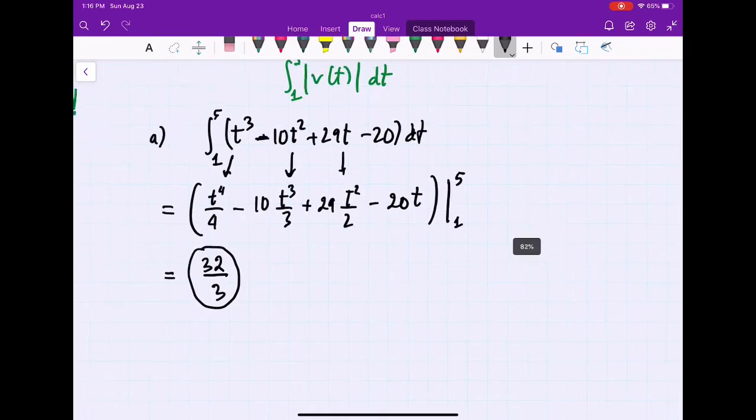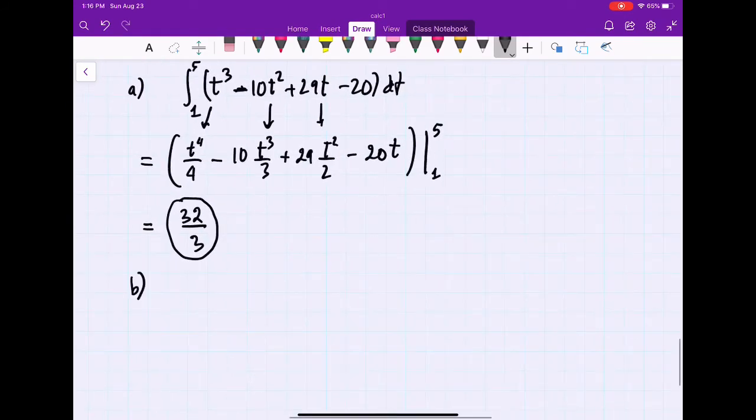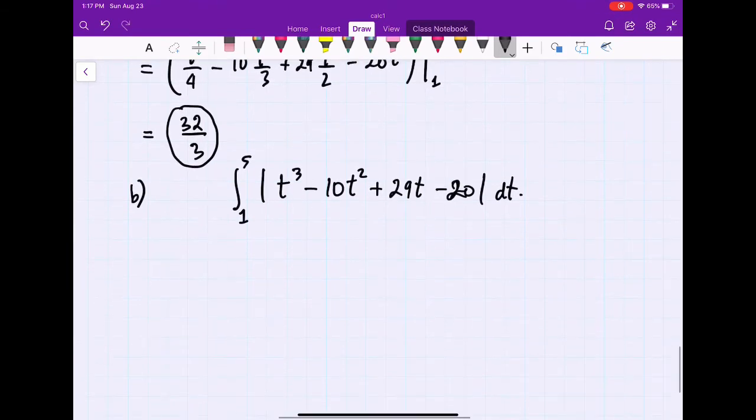Okay. And for the total distance traveled, we need to integrate the absolute value of v. So we have the absolute value of t cubed minus 10t squared plus 29t minus 20 dt. It is a little bit complicated, because you need to see when the function is positive and when the function is negative.